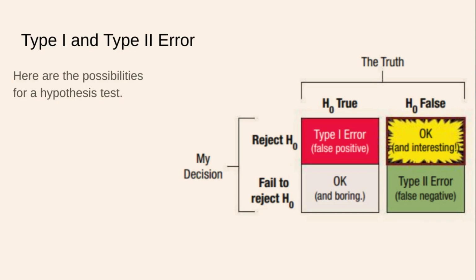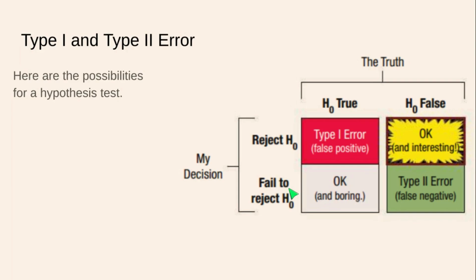So here are the possibilities for a hypothesis test. You have two components here. You have what is actually going on and the decision that you make. If, perchance, you were to reject the null hypothesis and the null hypothesis is in fact false, that is an okay and quite interesting result, all right? Things are not as we supposed in the null hypothesis.